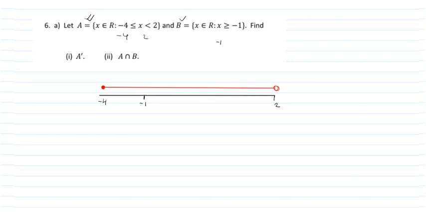Then coming to B, we have -1, which is included. All x's are equal or greater than -1, so I'll say all x's are going like that, with an arrow pointing there.